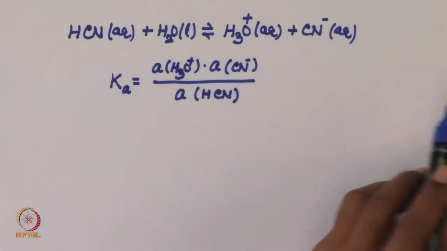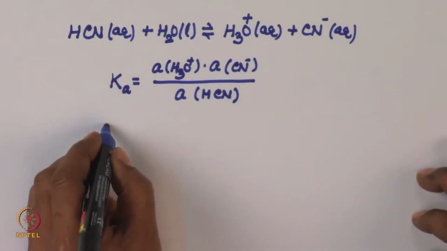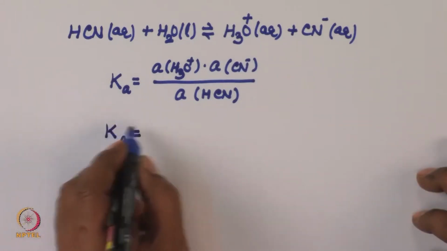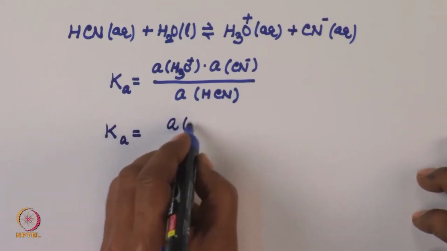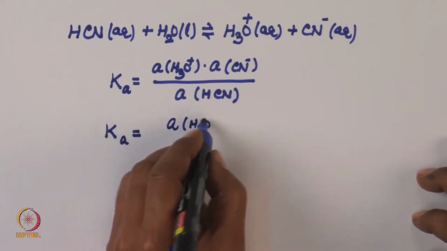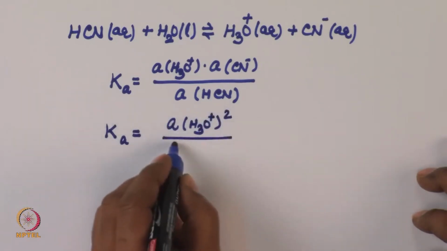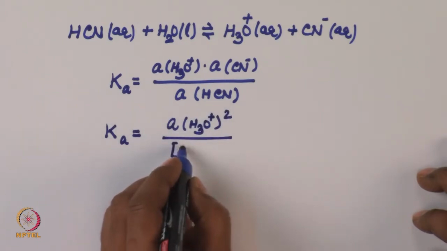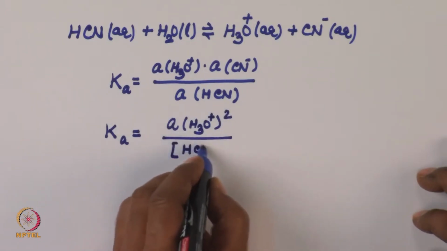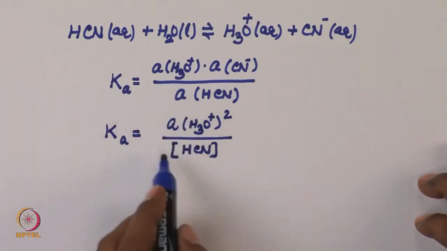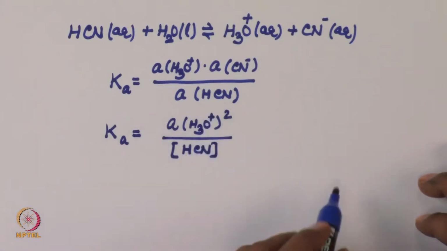ionization over here. So, I can write Ka is equal to activity of H3O plus square over, I am writing here concentration of HCN, because I am making use of the statement that I can treat the activity coefficient to be close to 1 for HCN.